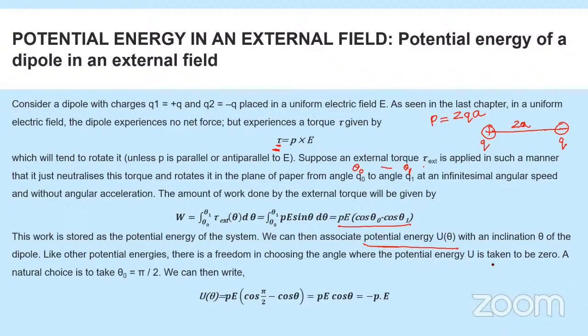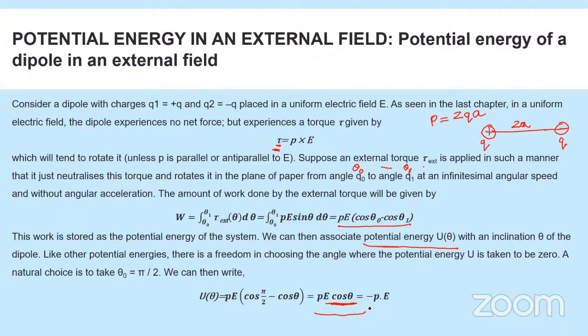Naturally, for it to be 0, if you take theta 0 as pi by 2, the cos of pi by 2 is going to be 0. So then we can write it as a function depending just on theta, the angle with which the torque is trying to rotate the dipole. Then it can be given as minus PE cos theta.